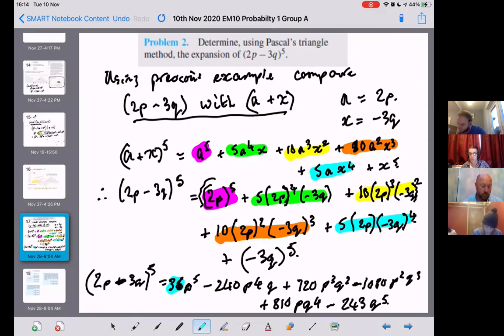The 720 will come from 2 to the power of 3 times minus 3 to the power of 2 times 10. The 1080 will be 2 to the power of 2 times minus 3 cubed times 10. Right?